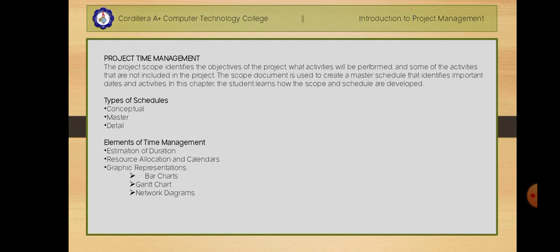Working with the project team, the planning continues to include more details as additional information becomes available. The schedule continues to evolve during the life of the project, and major revisions may be necessary in response to events both inside and outside the project that change critical dates on the schedule.